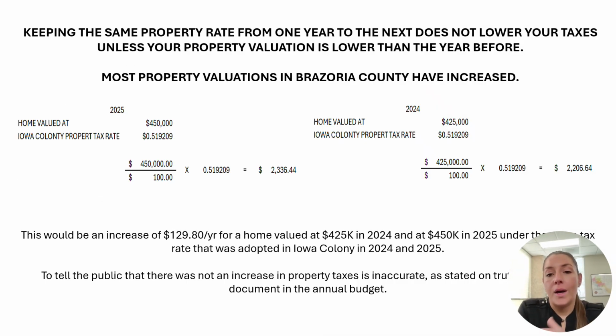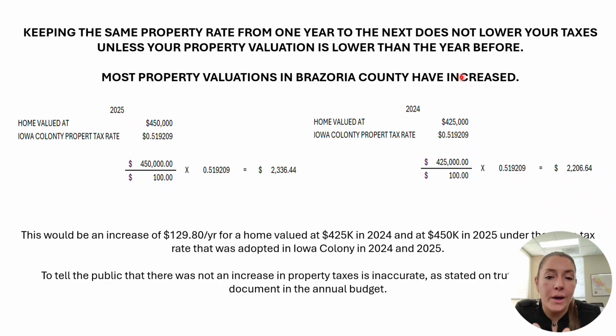So here I have taken, if you look in the column for 2024 on the right, a home valued at $425,000 at our city's property tax rate of 0.519209, or approximately 52 cents per $100 valuation.